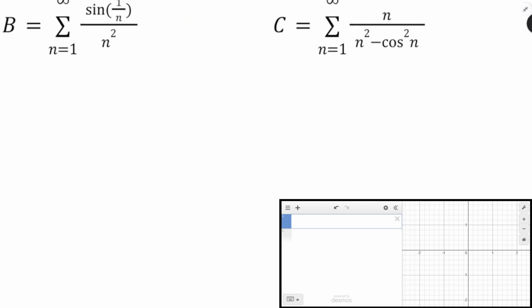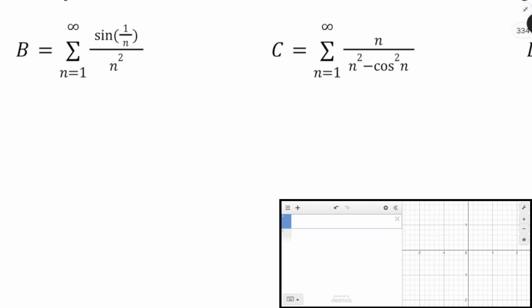So over here for b, I'm going to say sine of 1 over n squared. This is one that we used the integral test on. Now also, the thing about direct comparison is we do need the terms of the one I'm interested in to not go negative.